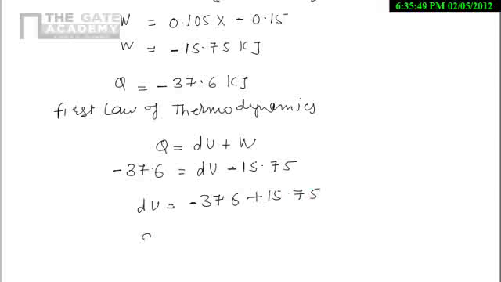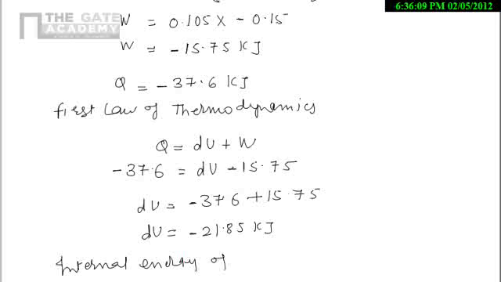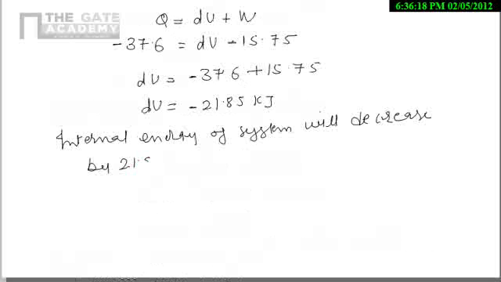So del U, that is the change in internal energy, will be minus 21.85 kJ. So it means the internal energy of the system will decrease by 21.85 kJ. That is the correct answer.